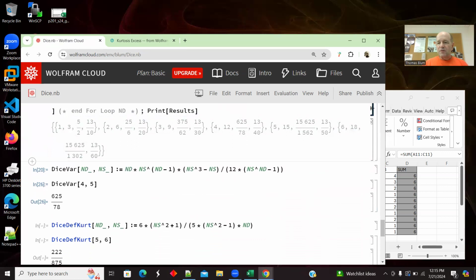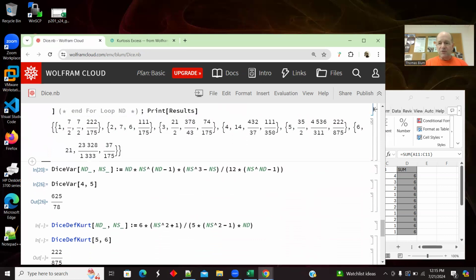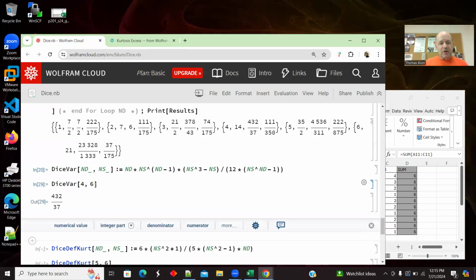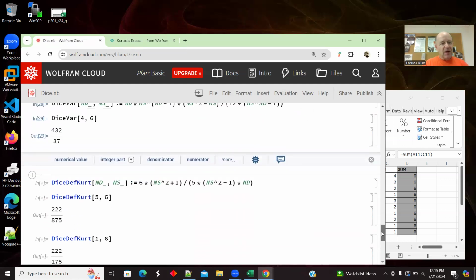And solid black, and then when this is no longer solid, then I have my answers. There we go. And let's just try this for a 6-sided die. So this is back to the variance for 4 of the 6-sided dice. There's the 432 over 37.